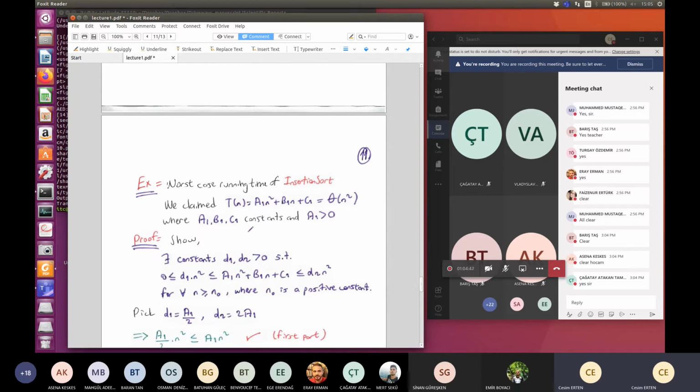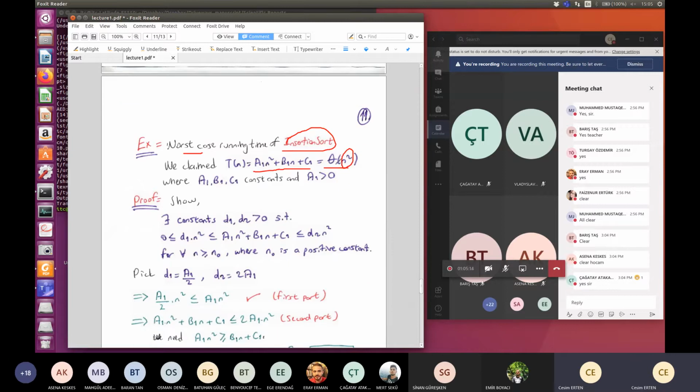Remember that previously, while talking about the worst case running time of the insertion sort algorithm, we came up with the following: we said that T(n) looks like a function of this form, some constant a1 times n squared plus some constant b1 times n plus c1. And we claimed that this is theta of n squared.